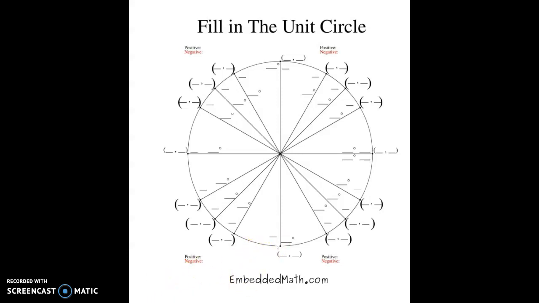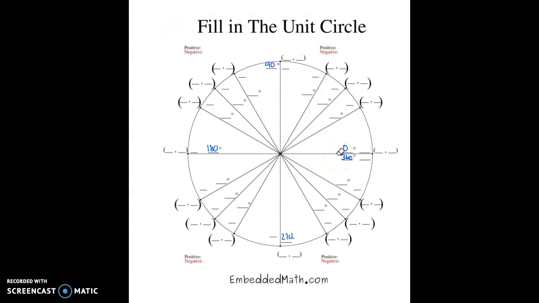So here I have a blank unit circle, and we're going to fill this in. So the first thing I'm going to do is fill in the angles. So I know this is 0, this is 90, this is 180, and 270, and then back here will be 360 degrees.